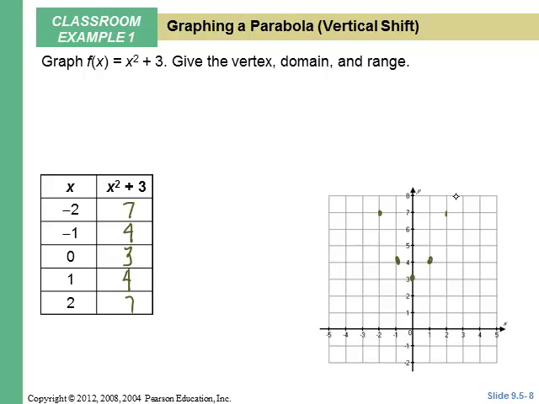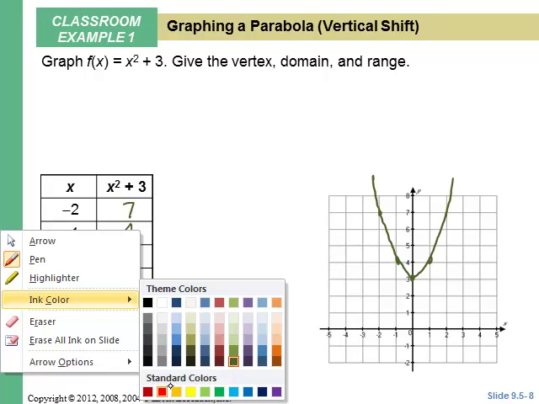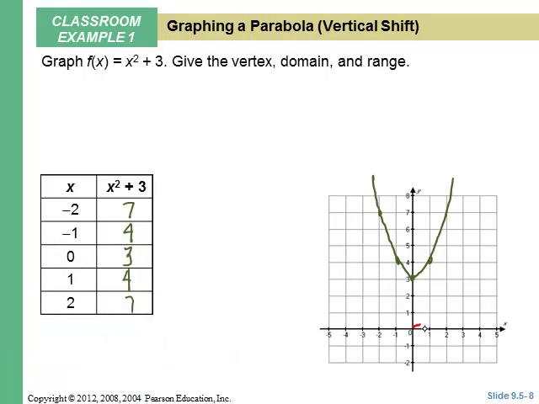If you notice, all that happened is the parabola got shifted 3 up. Remember before when we drew the parabola, I'm going to change colors to remind you what the first one looked like. It looked like this. You can see that this one is shifted 3 higher than the previous one.